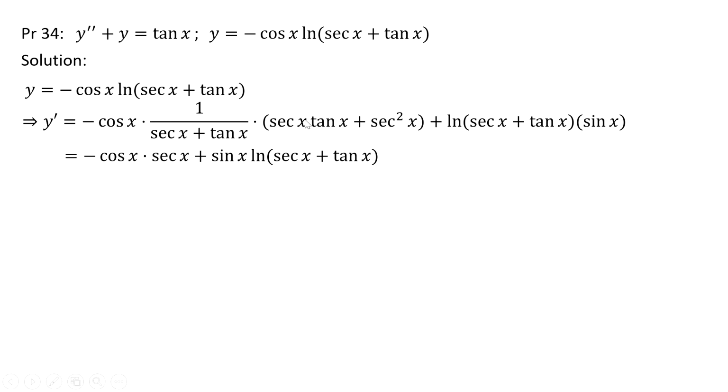Wouldn't I be left with secant x? So we have a negative cosine x times secant x. Now, aren't they reciprocals of each other, cosine x and secant x? So when you multiply them, wouldn't you get 1 with a negative in front? That's why I said that's negative 1. Cool. Plus sine x times natural log of secant x plus tangent x.